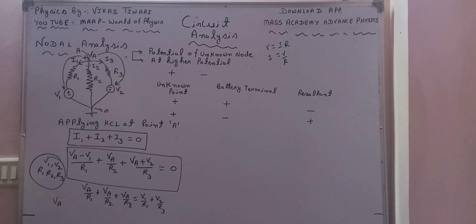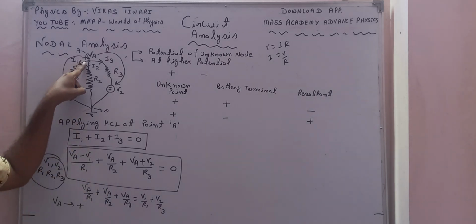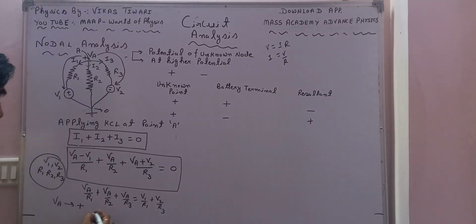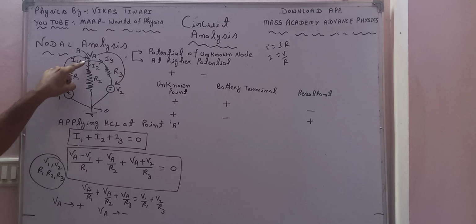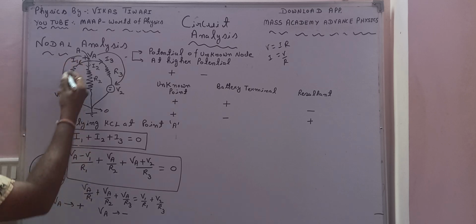Now, here is what I have said: after solving this equation, if the value of VA is positive, then whatever convention we are taking, we will say it is correct. But if we find the value of VA is negative, what does this mean? A negative value of VA indicates that the current is flowing in the opposite direction.